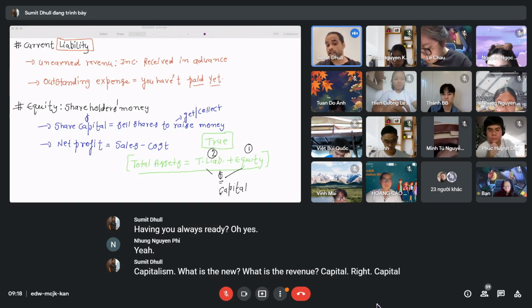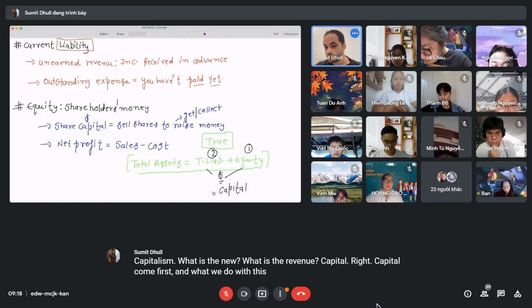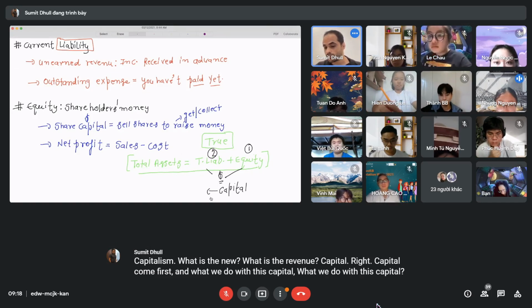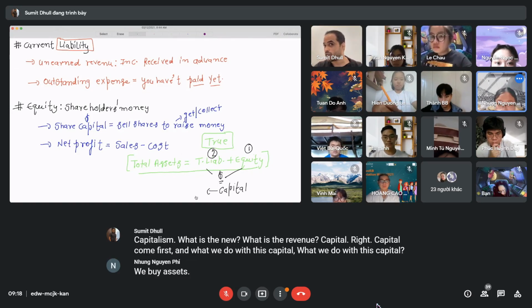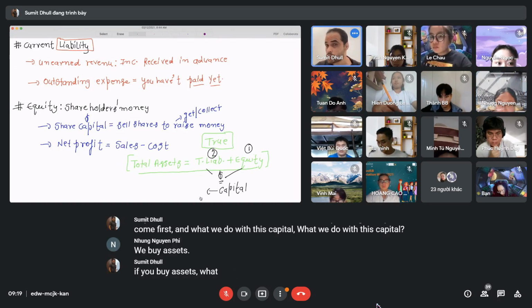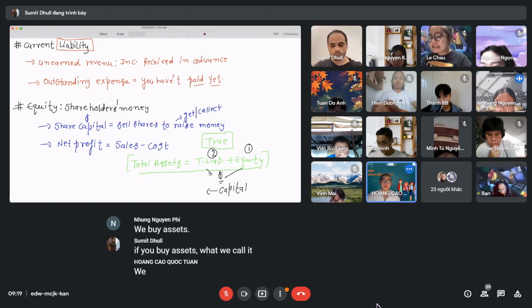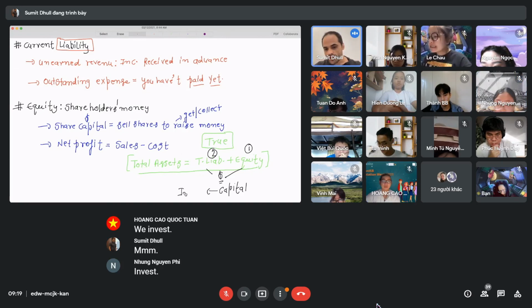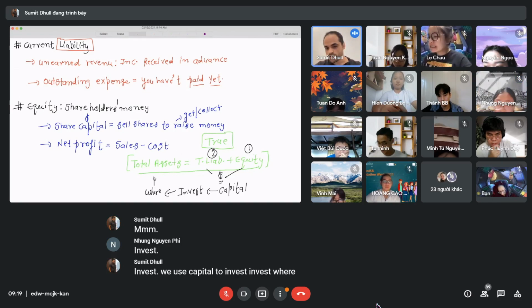Capital comes first. And what do we do with this capital? We buy assets. If you buy assets, what do we call it? We invest. We use capital to invest. Invest where? Invest in total assets.